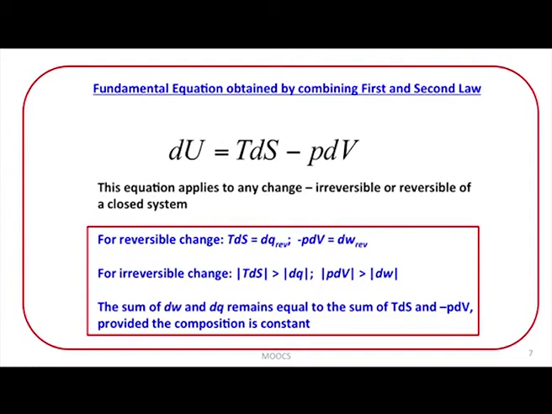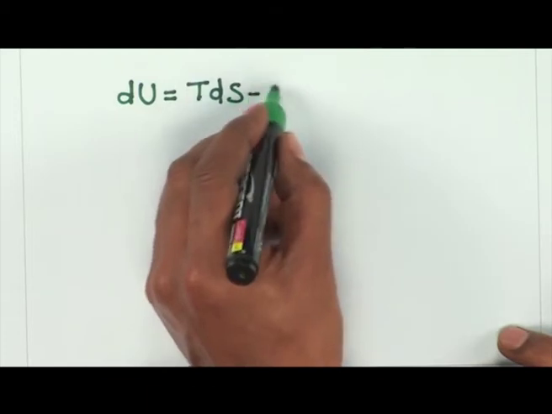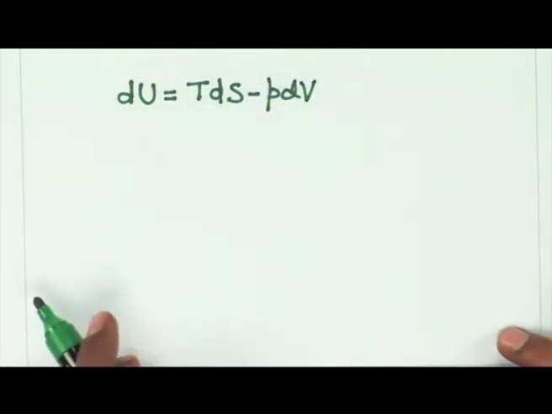Now, from the fundamental equation we can get some more thermodynamic quantities. dU is equal to TdS minus PdV, that is what we discussed.